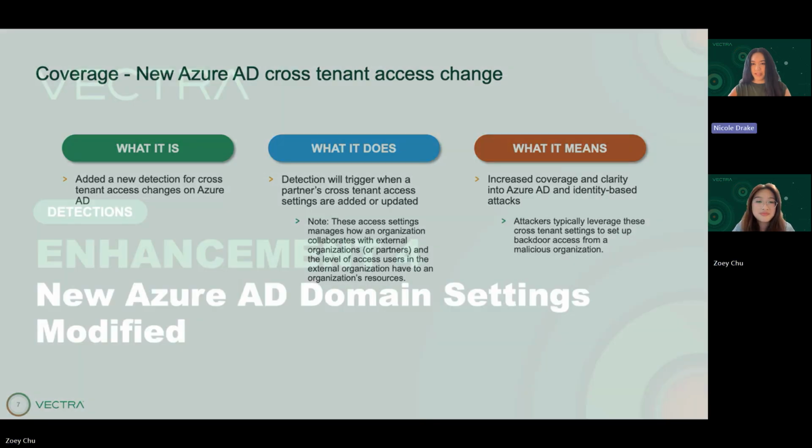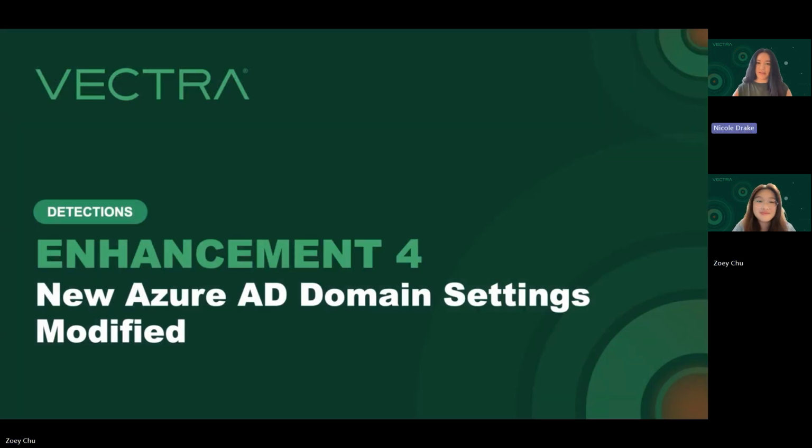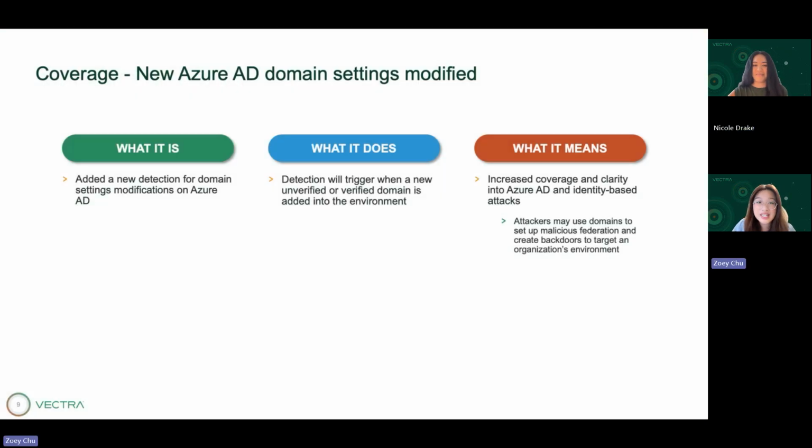Perfect. And for this enhancement, which is again related to Azure AD, our Azure AD domain settings, I hand it back to you. Yeah, this is once again another added detection for Azure AD, and it's specifically around domain settings modifications.